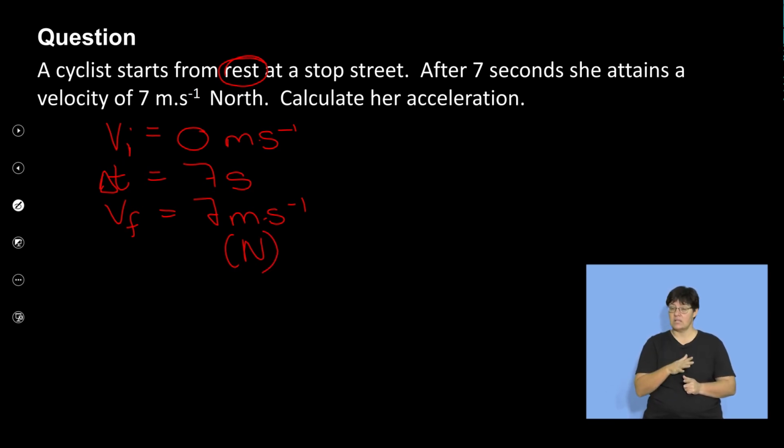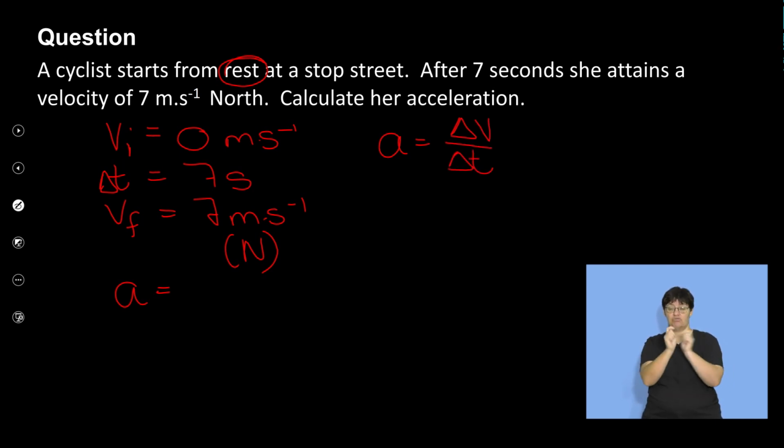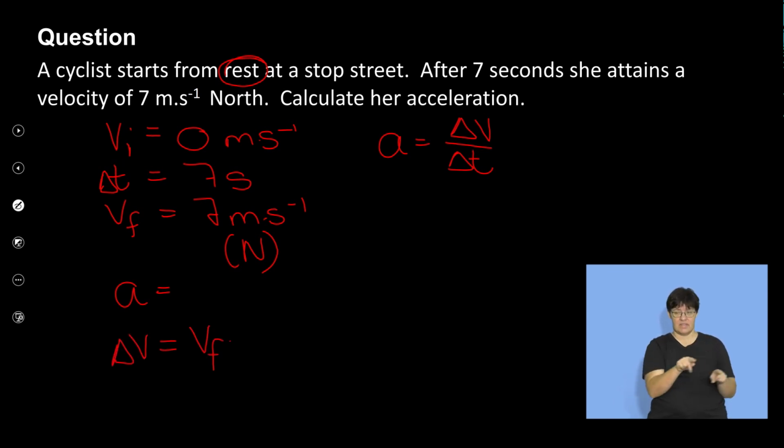Now they want the acceleration. Remember, acceleration is the rate of change of velocity. So acceleration is change in velocity over change in time. Rate, I'm just going to remind you, you don't have to write it in the equation, is final minus initial. Whenever I have that delta sign, the triangle, that means change in, okay?